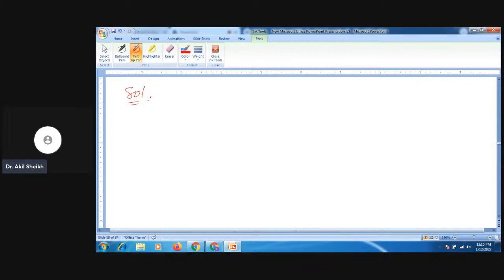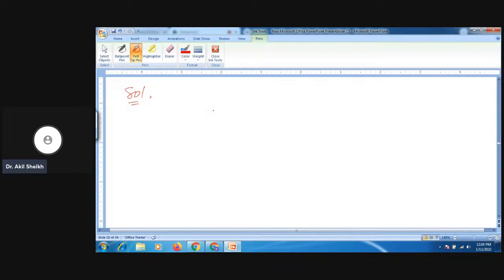So we know the relationship between eigenvalues and the trace of the matrix. The sum of eigenvalues is nothing but the trace of the matrix A.